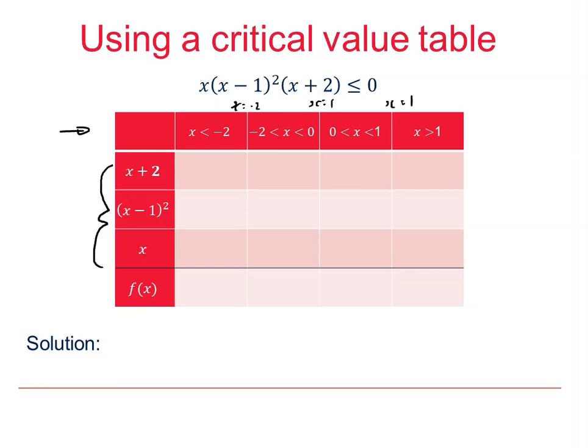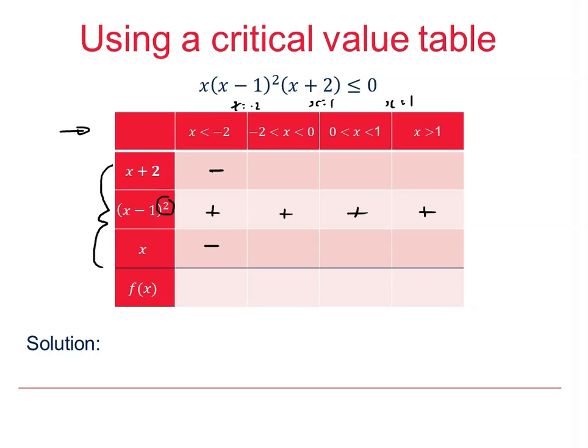Now in this particular case we have got one factor which is squared, so all of those we could immediately mark in as being positive. For any region of the graph, a factor squared must be positive. If we look at the other two factors, then when x is less than -2, they are both negative.